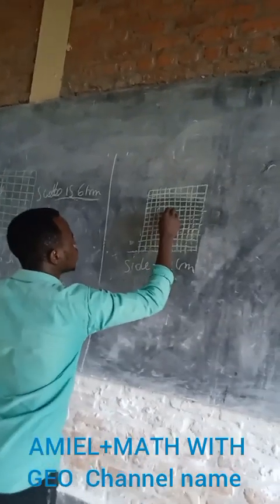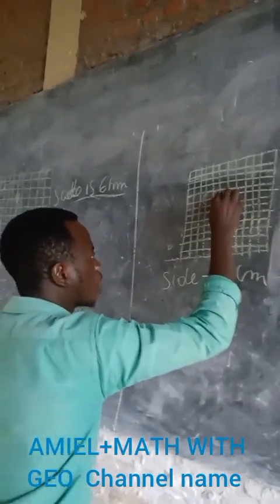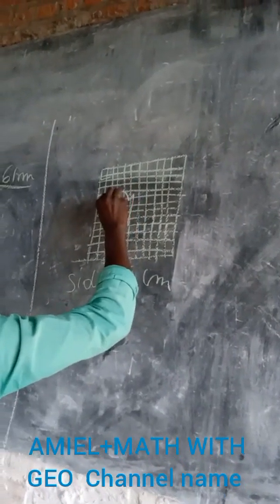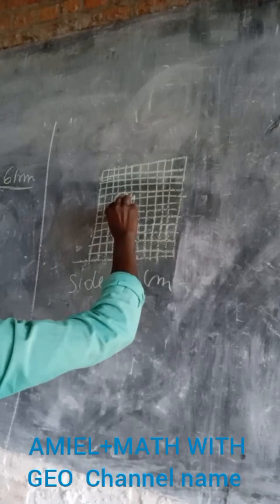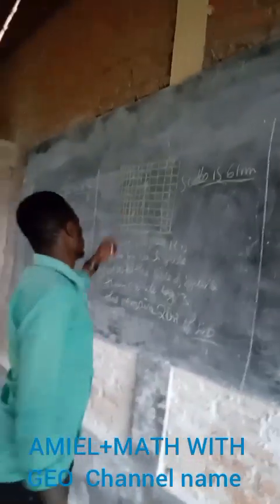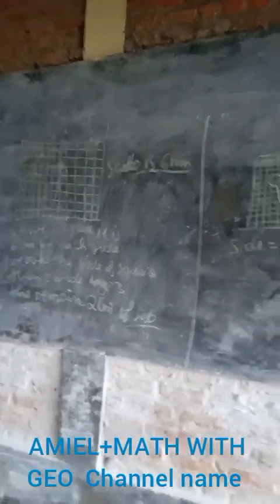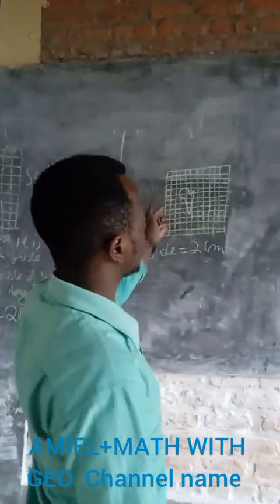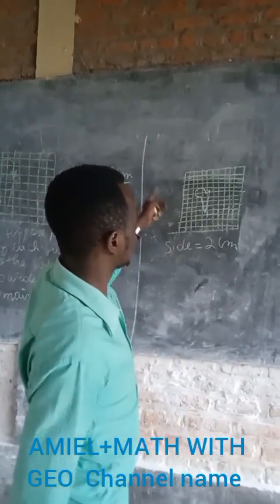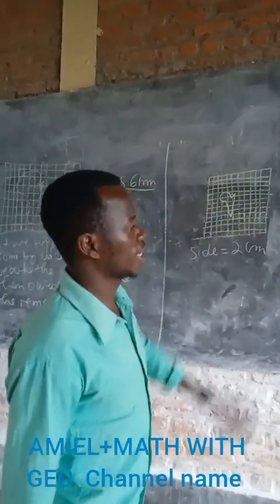As you see, this map is smaller compared to this one. This is the first method which can be used to make map reduction and map enlargement.